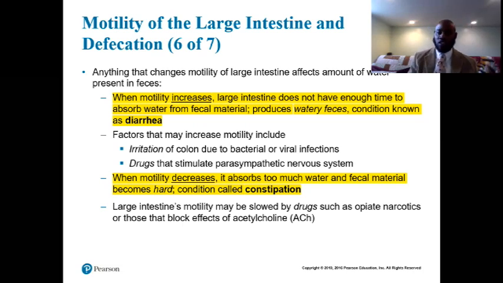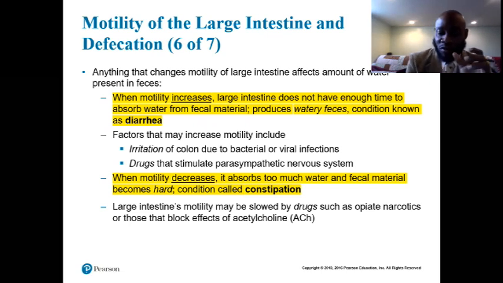What happens is a lot of the changes are because of the amount of water introduced. And so when we're in the large intestine, that water needs to be absorbed, which helps turn it back to a solid.